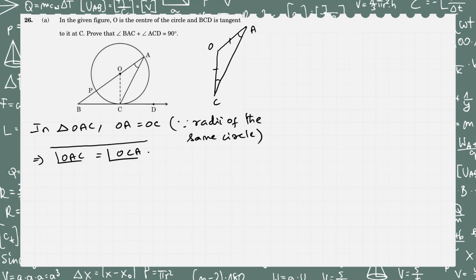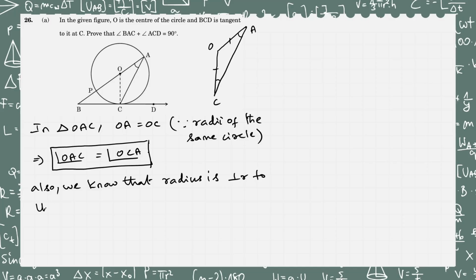So, we will need this for later purpose. Let's save it. And now let us write the statement of the theorem. Also, we know that the radius is perpendicular to the tangent at the point of contact.